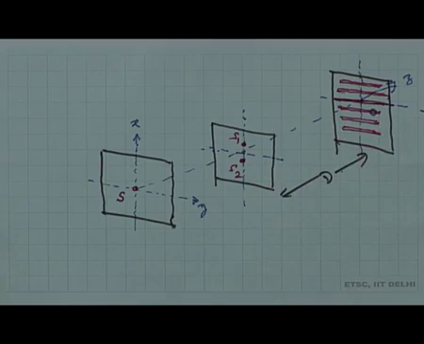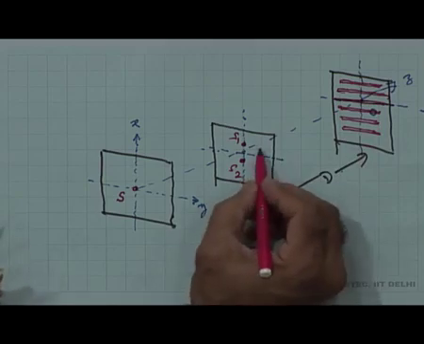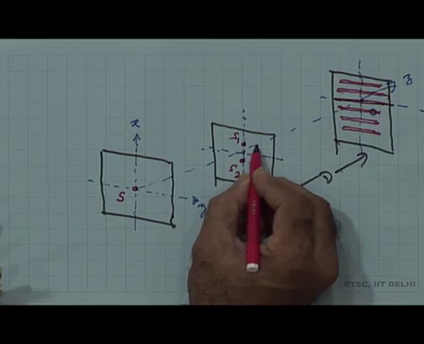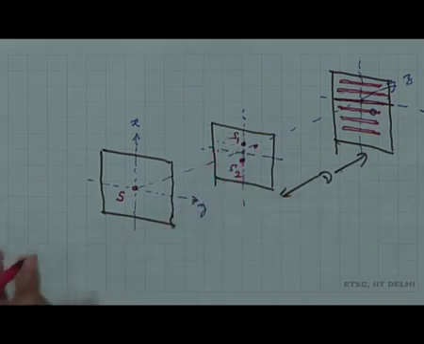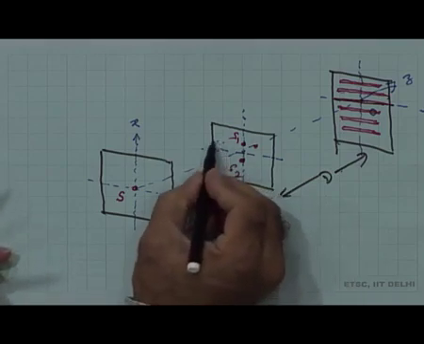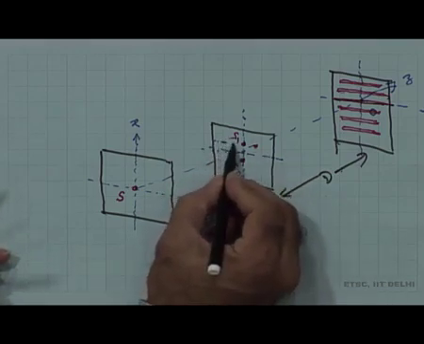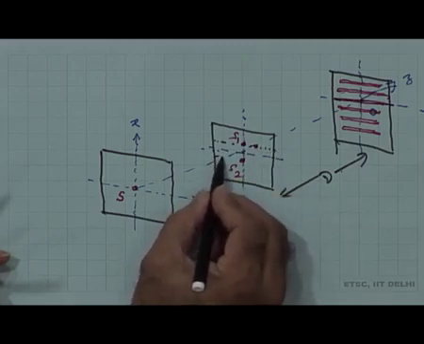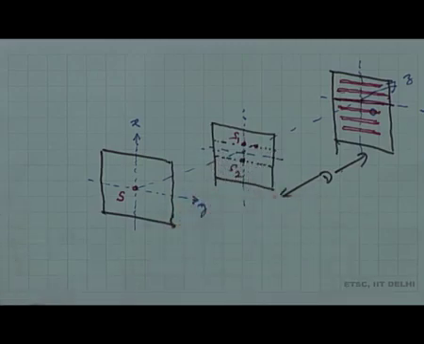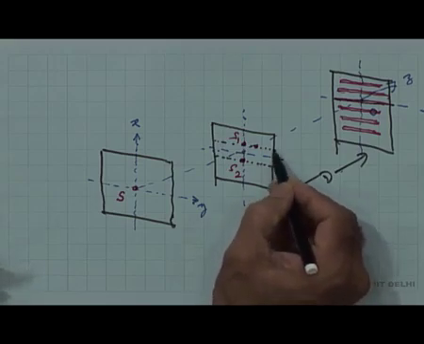In between, of course, we have the dark fringes. Now, suppose we have 2 more points which are here, separated by the same d. Let me draw 2 lines parallel to the y axis; the separation between them is d.